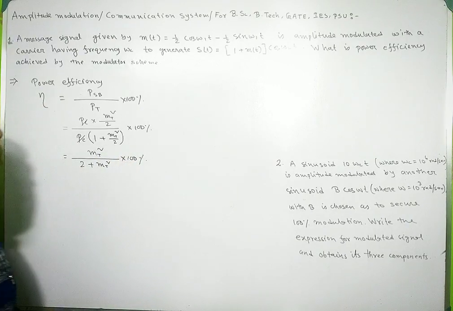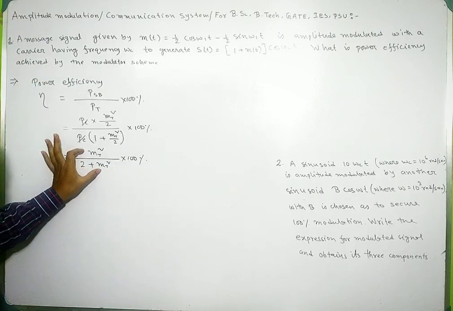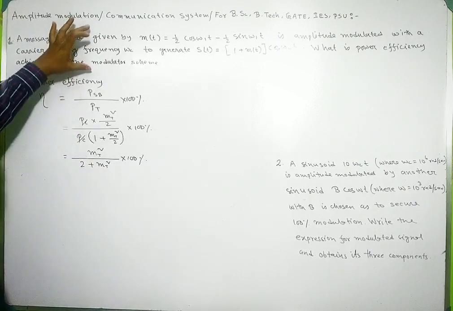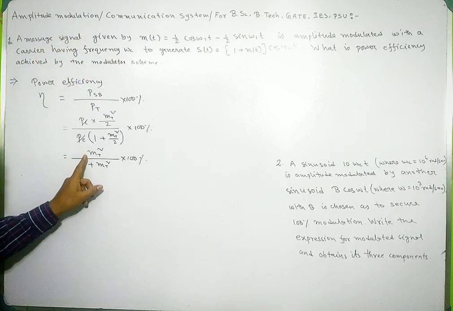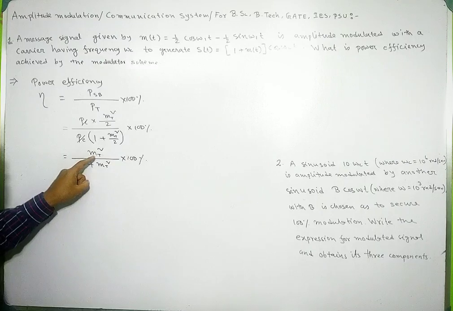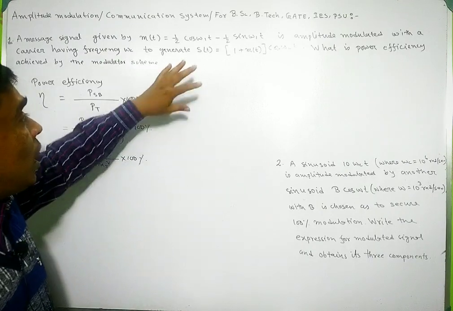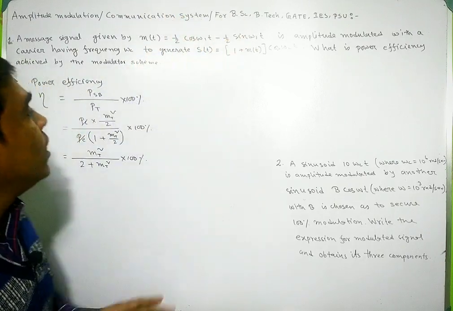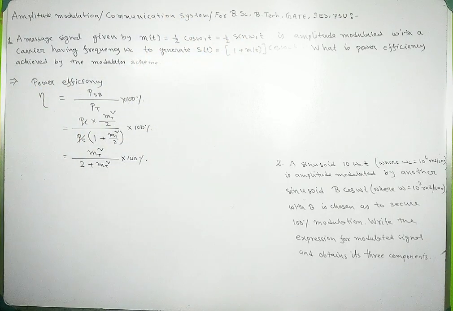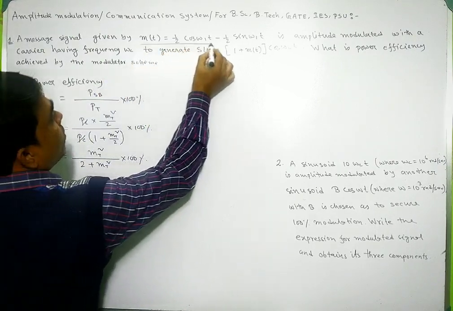Now, in this formula, we have to calculate the total modulation index of this problem. I have derived it in terms of the modulation index, so our motive is to calculate this modulation index in this problem. Here, the given term is the message signal.